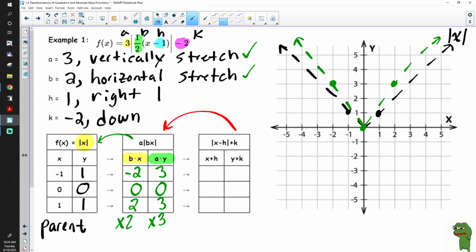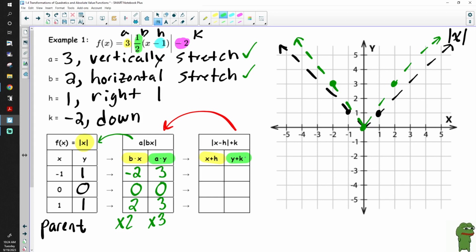Our h and our k values are responsible for sliding the graph left and right or up and down. The h value goes with x, and the y value and the k value go together. The middle table is multiplying, because our a and b values are multiplying. Our h and k values will be adding or subtracting.